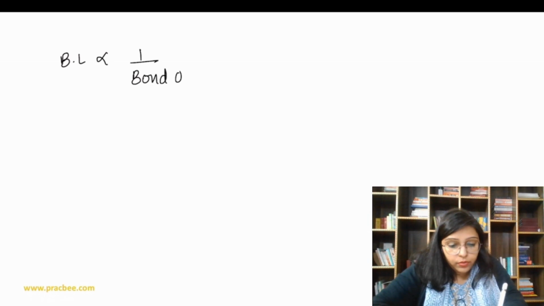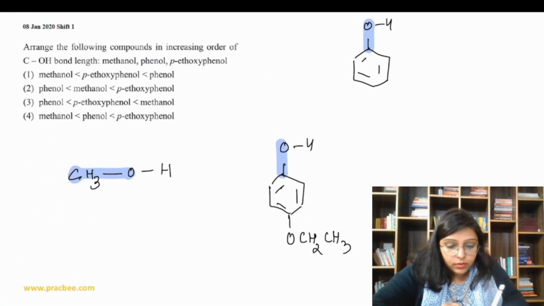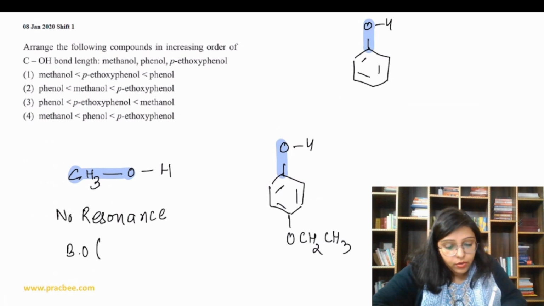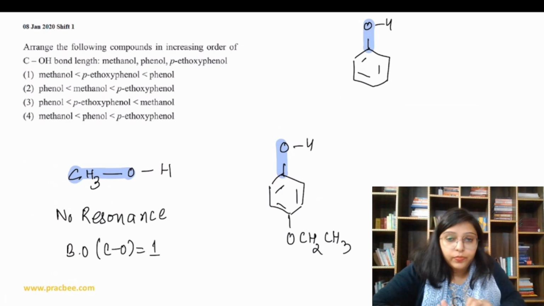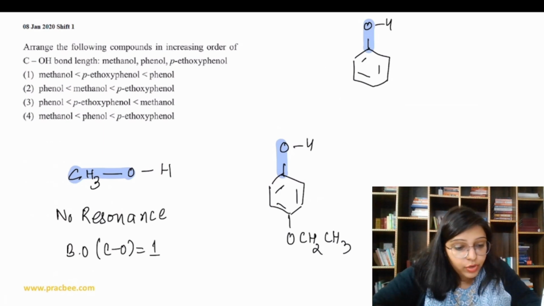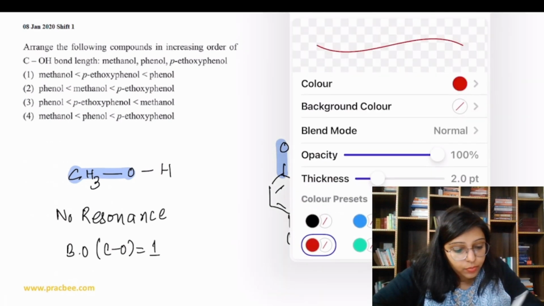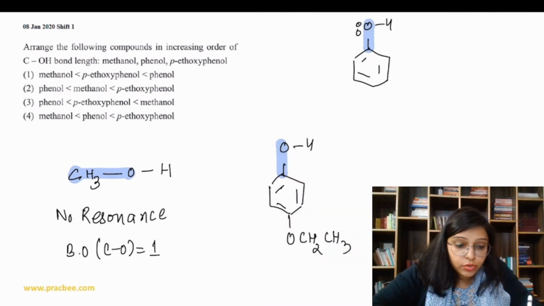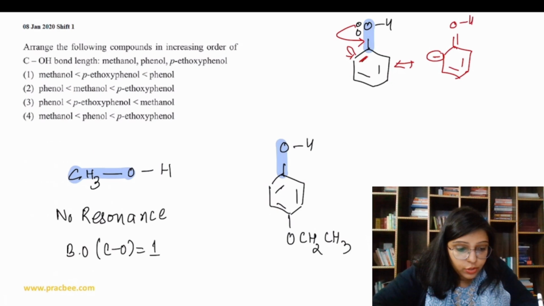We know that bond length is inversely proportional to bond order. Now in case of this one, we have no resonance, nothing. So it means here the bond order of carbon-oxygen is equal to 1. Now moving on to this one. In oxygen we have a lone pair and we have a double bond in conjugation, so we can form resonance. So we have a resonating structure like this: negative, double bond, OH positive.